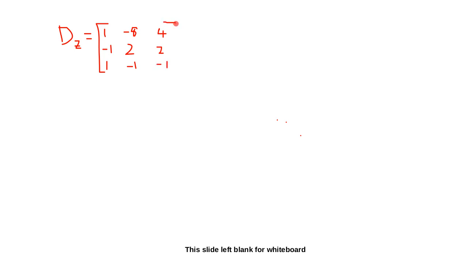So what we have done is that we have only replaced the z column elements by the elements in the constant column.